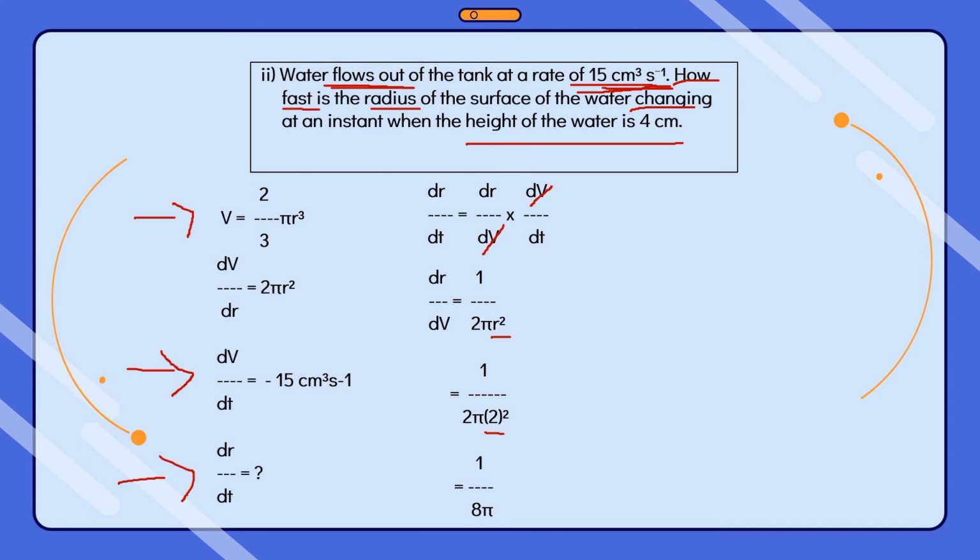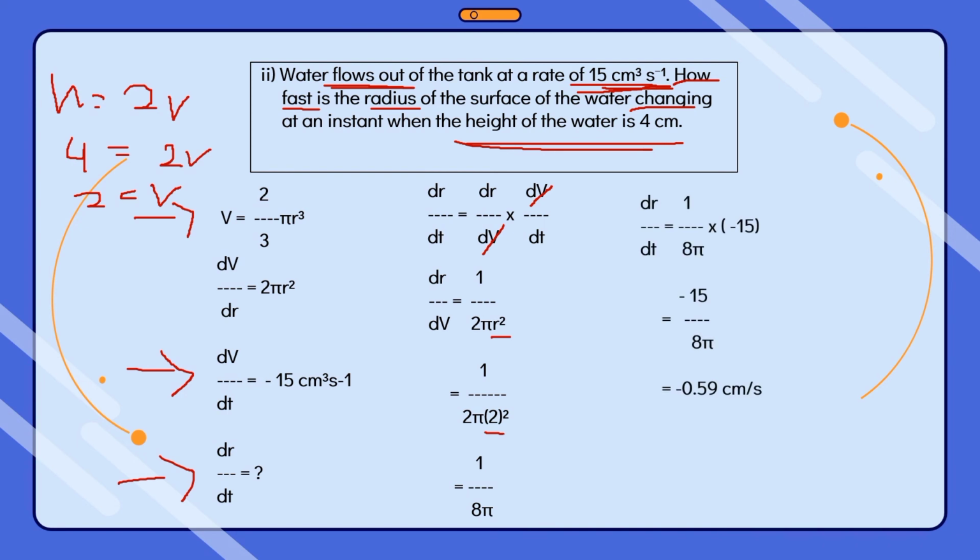Based on question 1, you know that h equals 2r. The height of water is 4 cm, so 4 equals 2r, and we get 2 for the radius. The radius is 2 cm, so we substitute r with 2, multiply, and we get 1 over 8 pi.